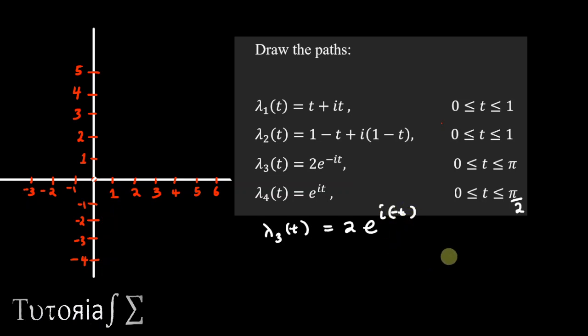We know that a complex number can also be written as z equals r e to the i theta, which can be simplified as r cos theta plus i r sin theta.